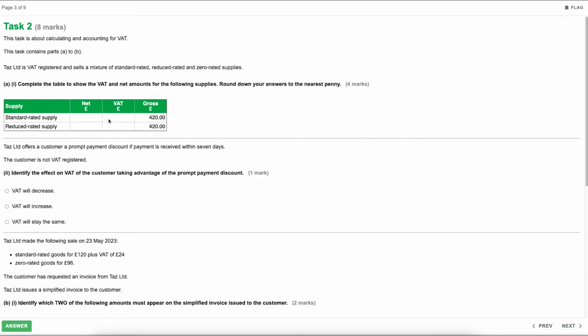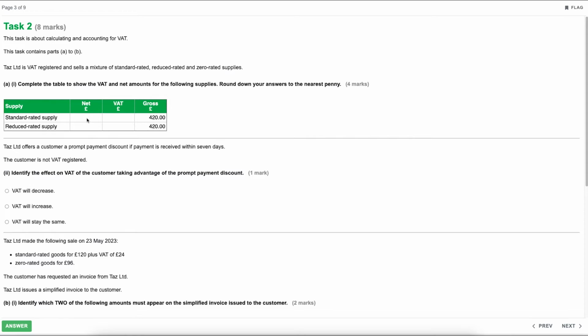So quite simply, when we're doing VAT, the net amount will always represent 100%. Now the VAT will represent either 20% if it's standard rate or 5% if it's reduced rate. And what that means is the gross, because it's the net plus the VAT, for a standard rated supply would represent 120%.